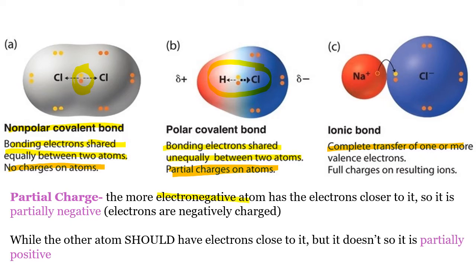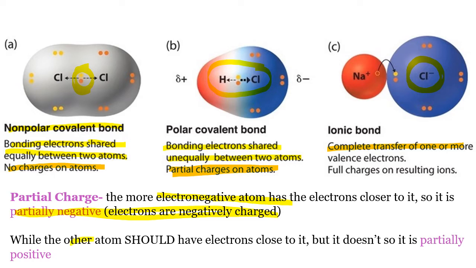Electrons are negatively charged. It's not sharing them equally. It has the electrons more over with it. So it's not fully negative like the chlorine in that ionic bond. It's partially negative because it kind of has more electrons than it normally does.